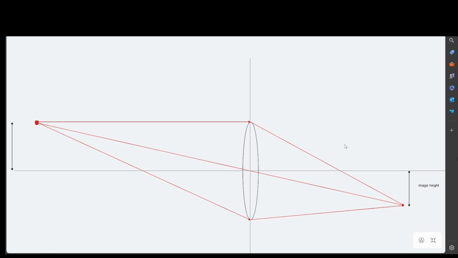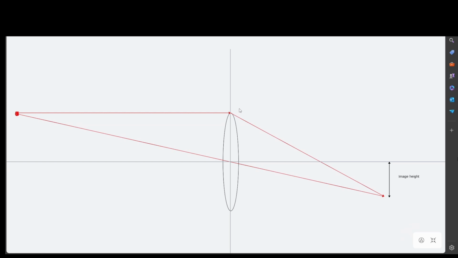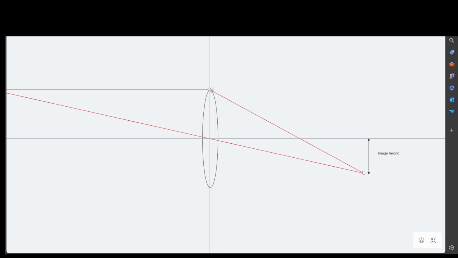So that would be here, our focal point. So all you really need are these two lines, because you draw your perpendicular line to the lens axis, and then your line straight through the center, and then all you need to do is have them meet, because you know that this will go through the focal point and they'll meet here.